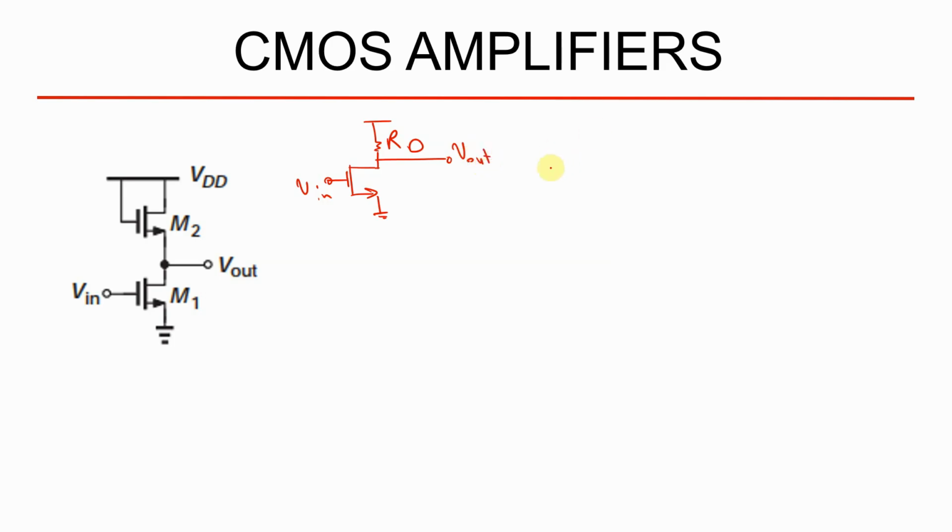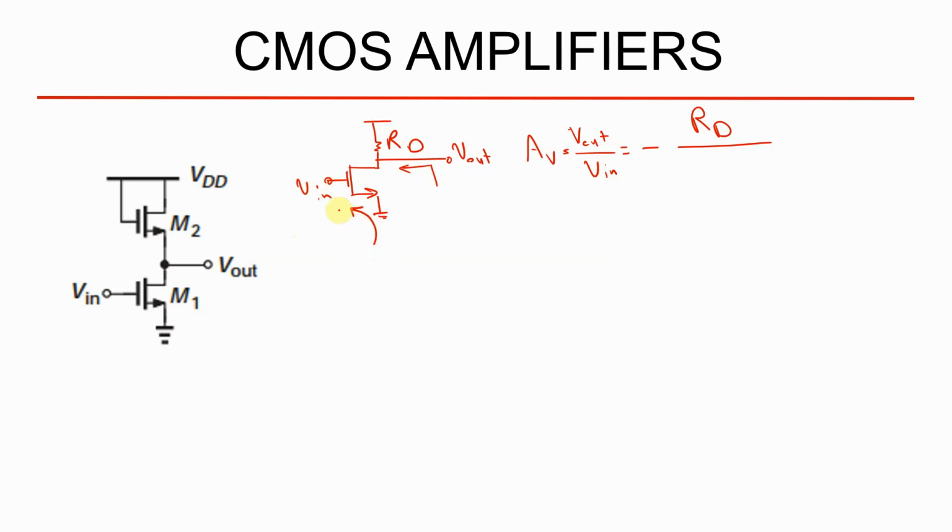Just to remind you, the AV, or V out divided by V in, for this amplifier is going to be negative, the resistance seen from the output, which is R out for this amplifier. By neglecting channel length modulation, you only see RD divided by the resistance seen from the source to the gate, when in this case the input voltage has to be grounded.